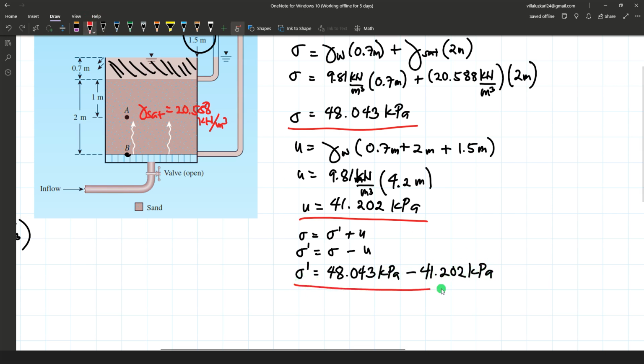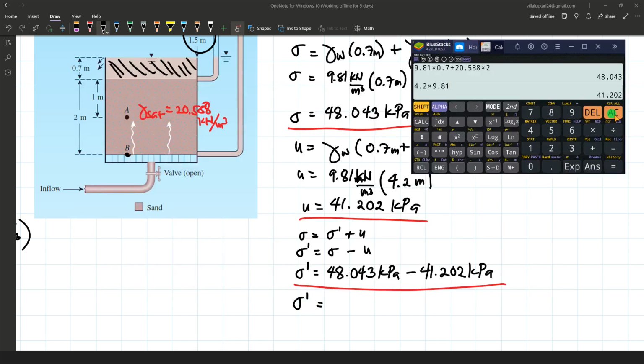Okay, subtracting the two, we have 6.841, 6.841. It's in kilopascal also.